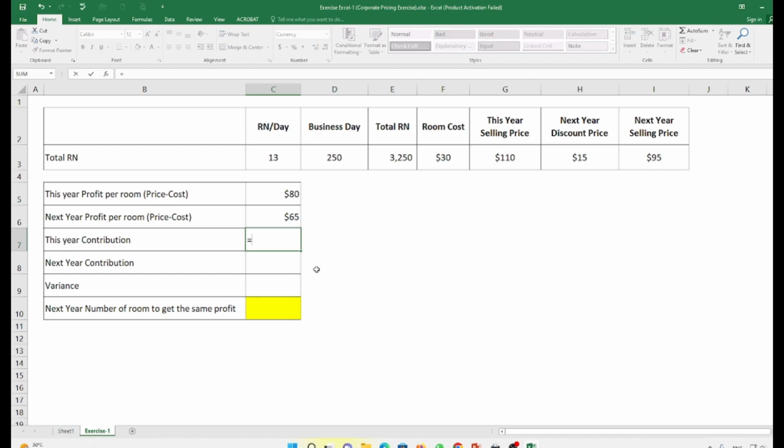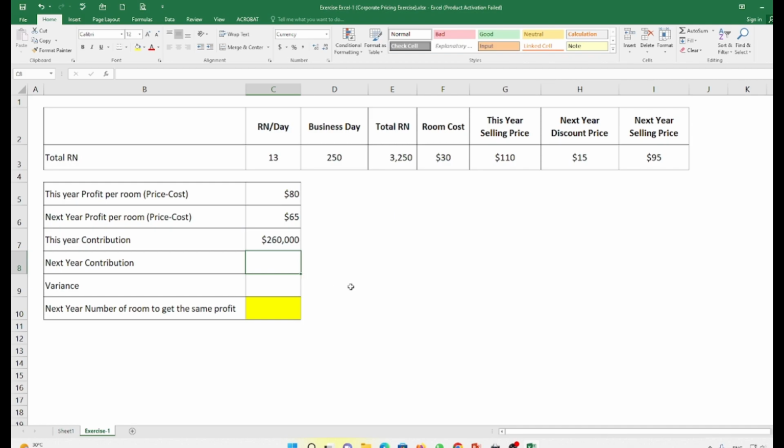We take the profit per room per night times the rooms they support every day, and the whole year they have 250 business days. So let's times 250 business days. This year's contribution is 260,000.